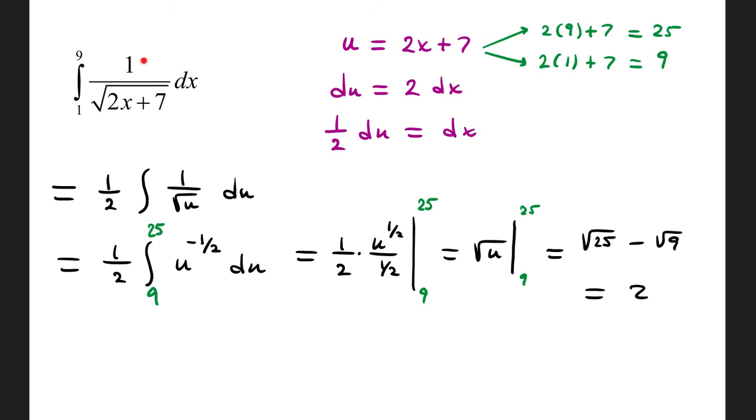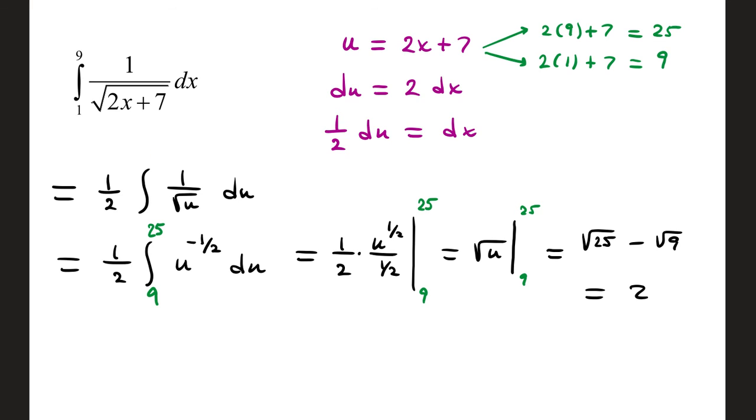In the original problem, there's an unwritten 1 here, so think of it as 1 dx. In the middle of the integral, we have 1 over square root of u. That was our substitution. And then dx will trade out for a 1/2 du.